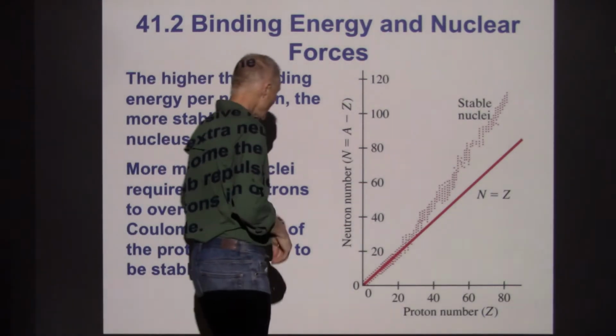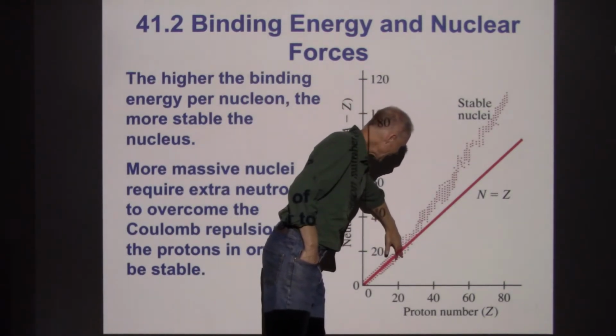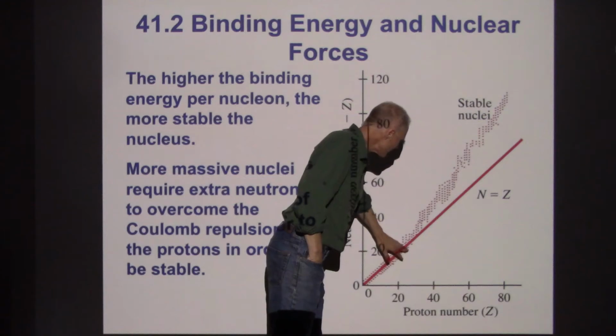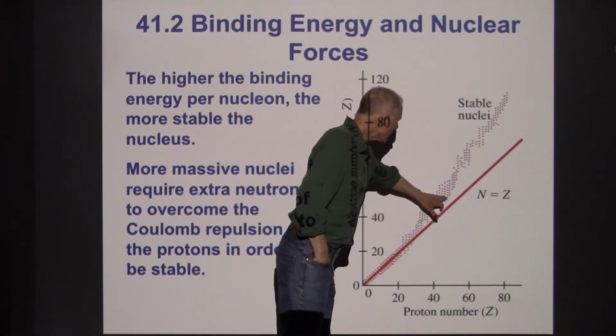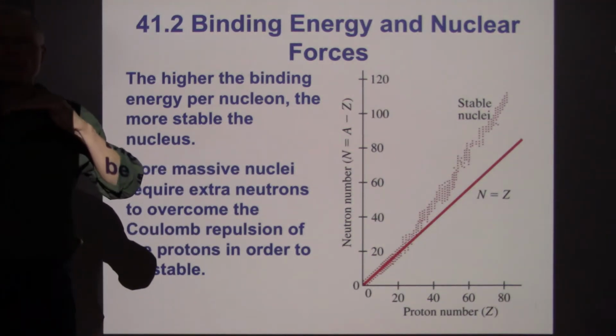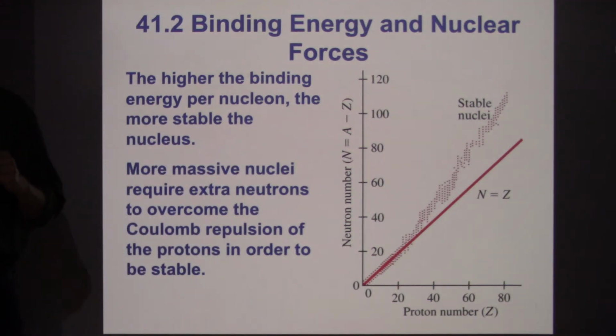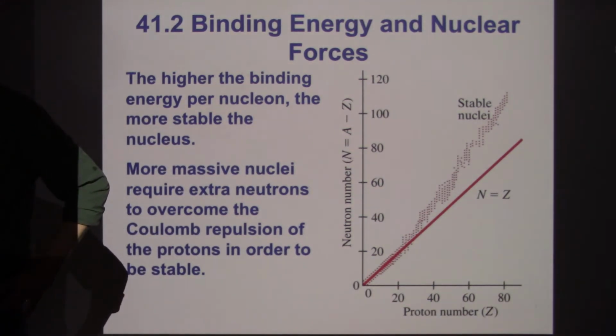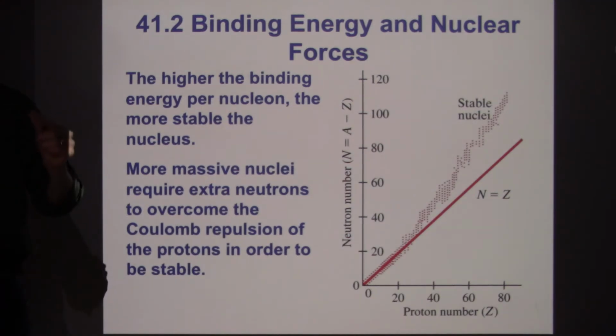So that starts out being pretty similar. Once you get past calcium, once you get past element 20, what we find is there tend to be more neutrons. We tend to be adding neutrons at a little faster rate than protons. Now, why is it that we need this surplus of neutrons?